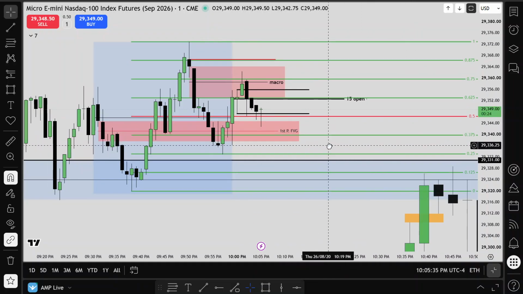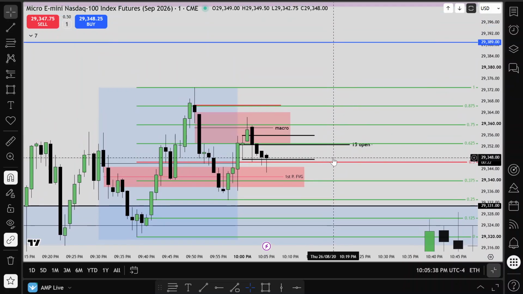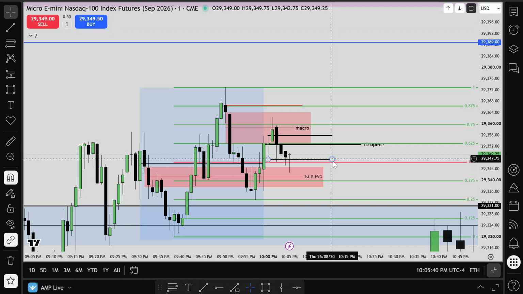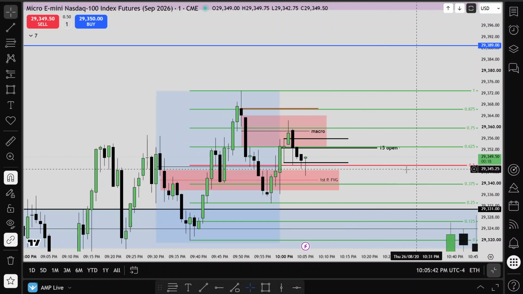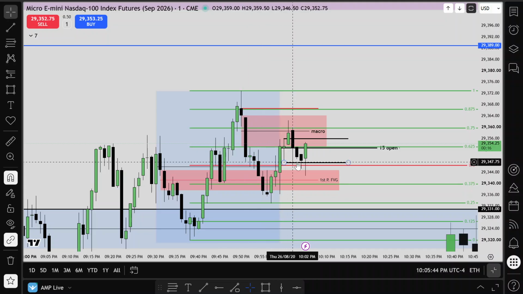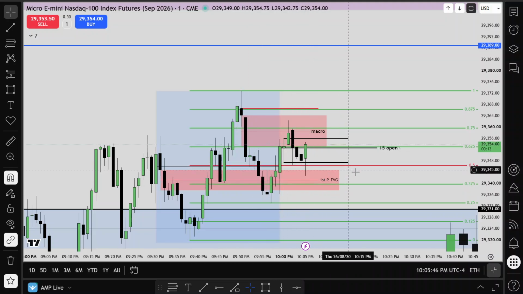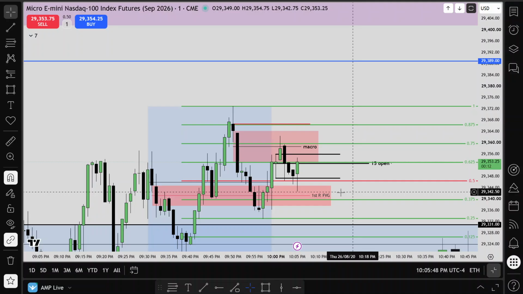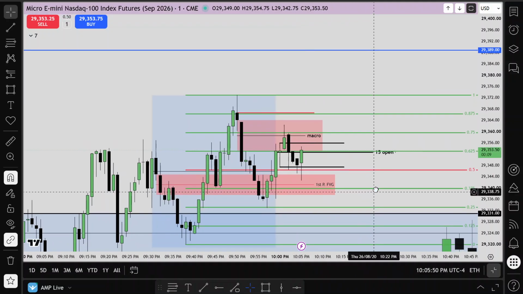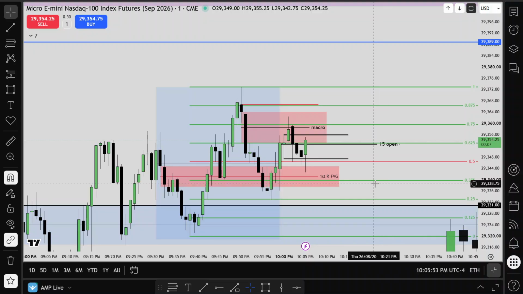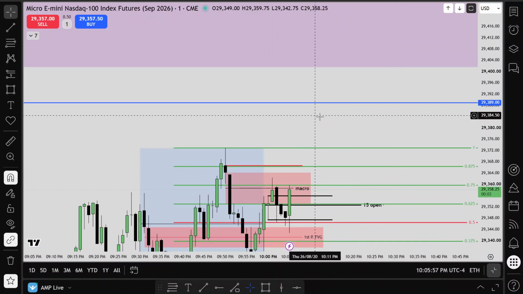Here's equilibrium. So all it needs to do is get down below equilibrium. It doesn't need to be all the way into an optimal trade entry range. So this could be setting us up to get up into here.